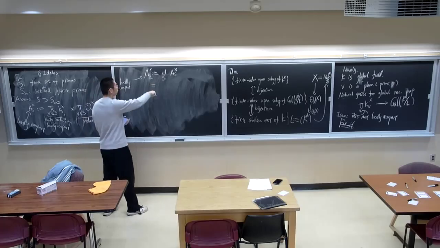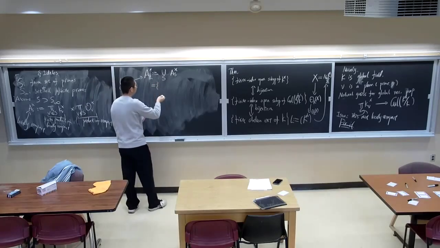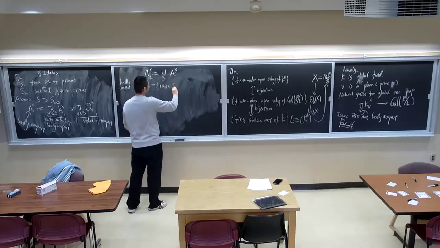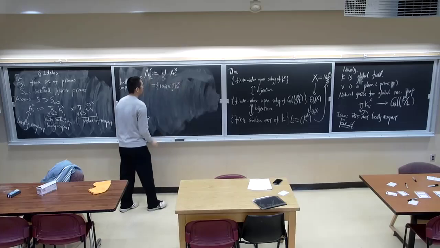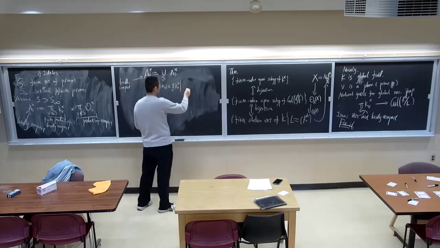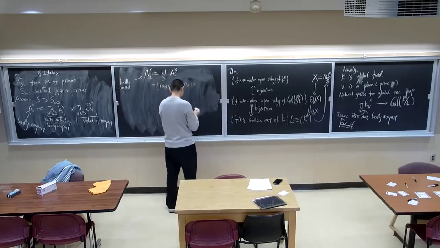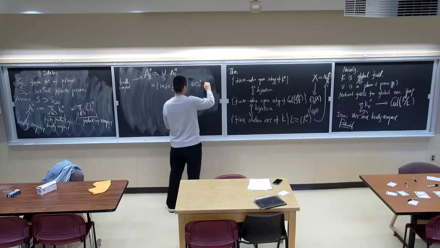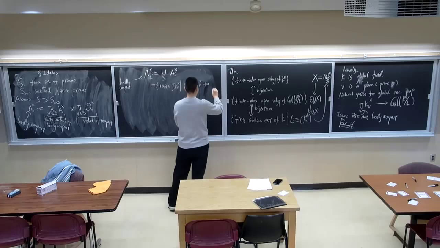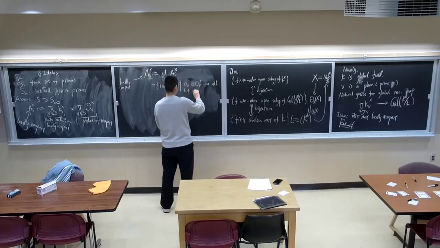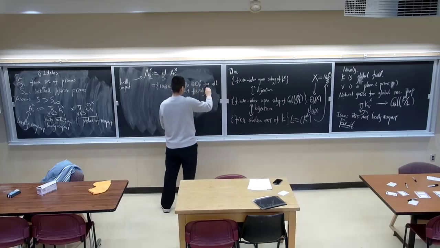So you can also interpret this set as a subset inside this, where a_v is inside this O_v cross for all but finitely many primes.